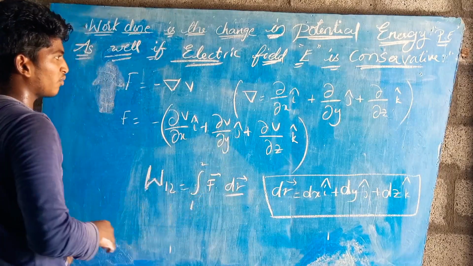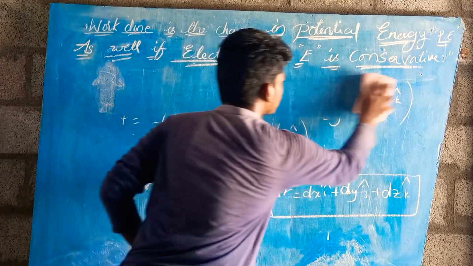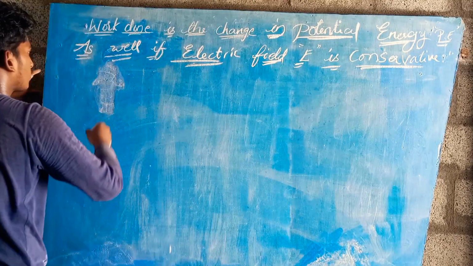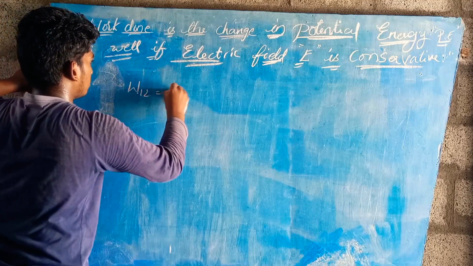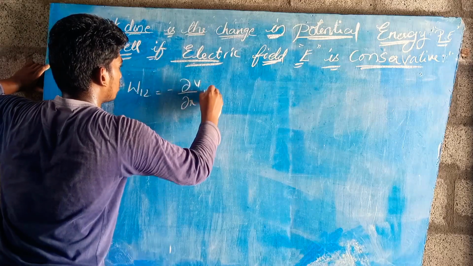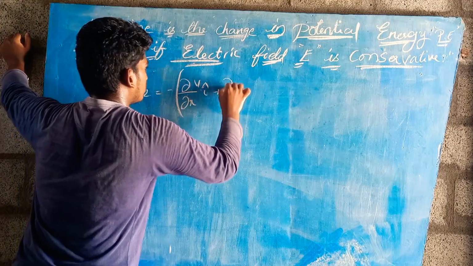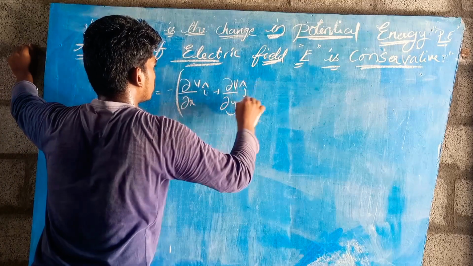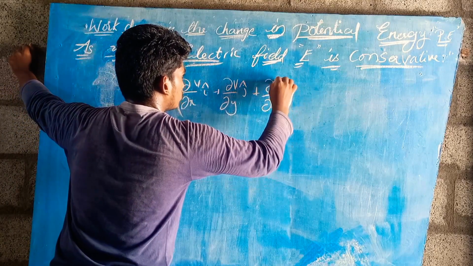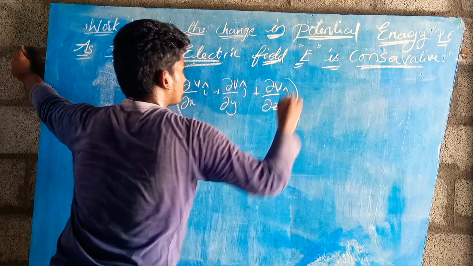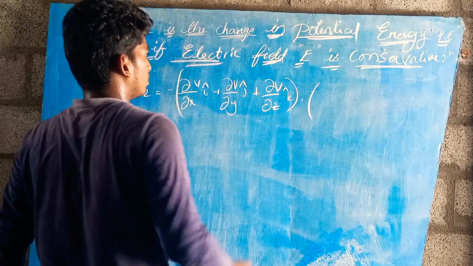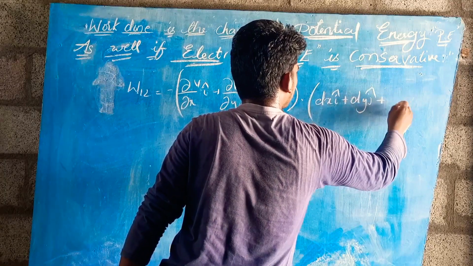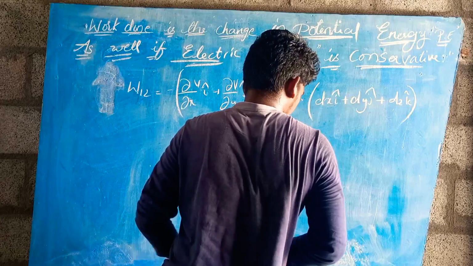Put these two values in this equation: minus dou by dou x V i cap plus dou by dou y V j cap plus dou by dou z V k cap, times dx i cap plus dy j cap plus dz k cap.